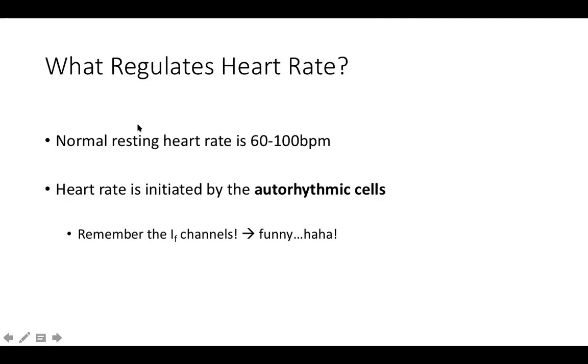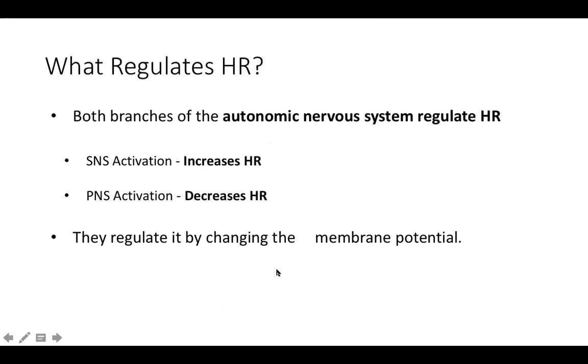And in order to understand how the heart rate is regulated, you need to remember those funny channels that are going to contribute to that pacemaker potential, that slow drifting up until you reach threshold. So those funny channels. And there are a couple of things that will help determine how quickly that pacemaker potential reaches threshold.